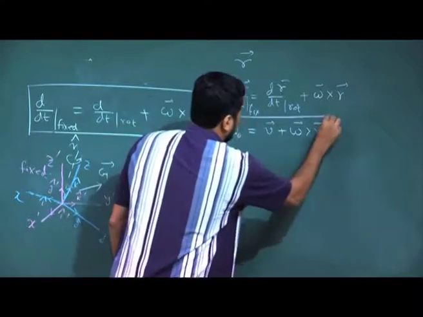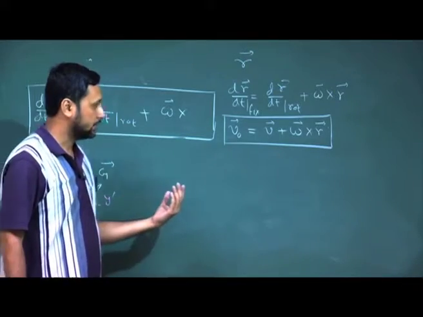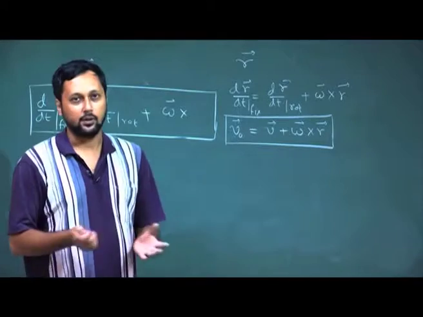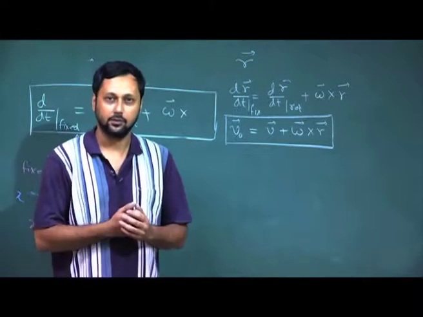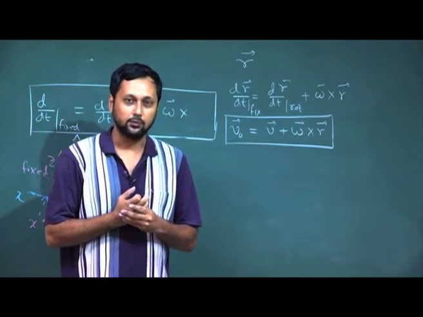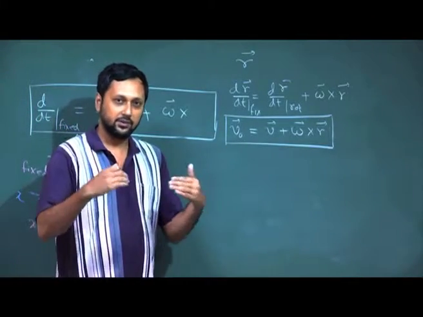Okay. Let us take an example. Our earth is a rotating coordinate system. We take it as fixed, but strictly speaking, it is not a fixed frame. So, when we measure some velocity on earth, our frame of reference is earth.